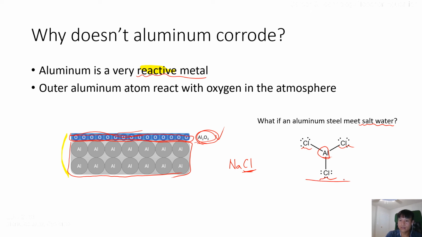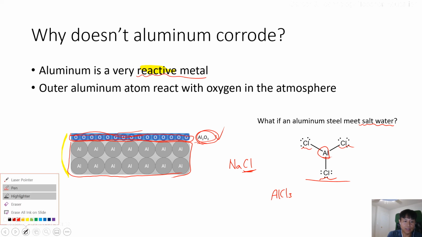That is AlCl3. One aluminum combined with three chlorines. This is because the aluminum outer shell has three electrons, and these three electrons tend to combine with three chlorines.